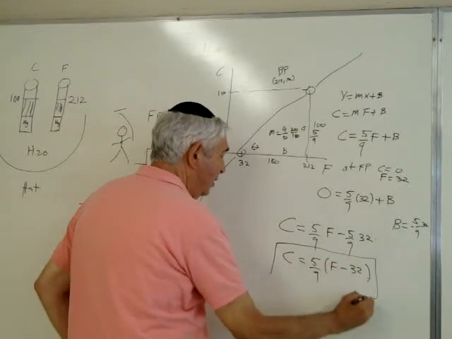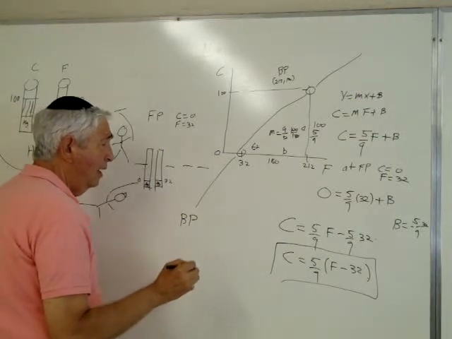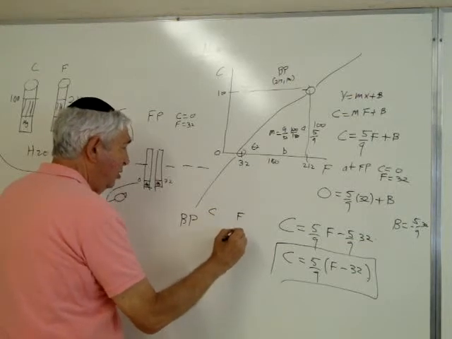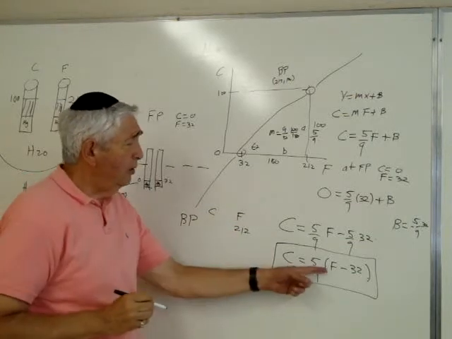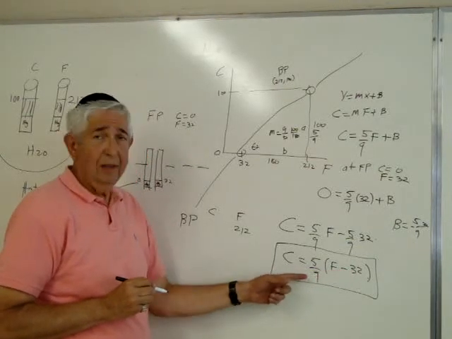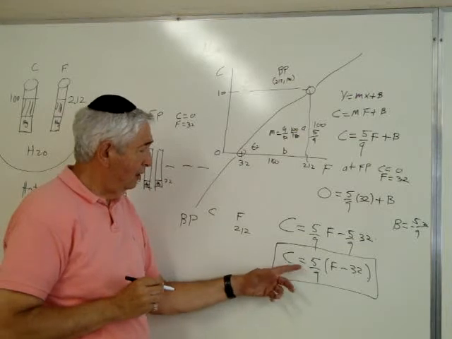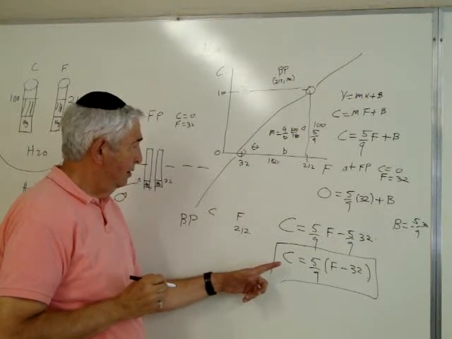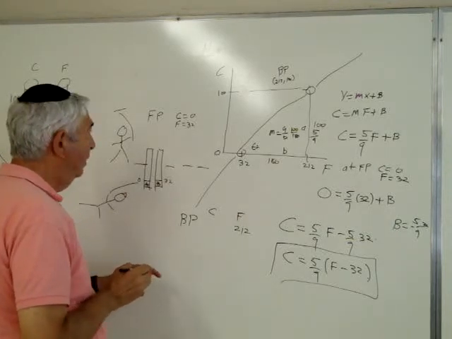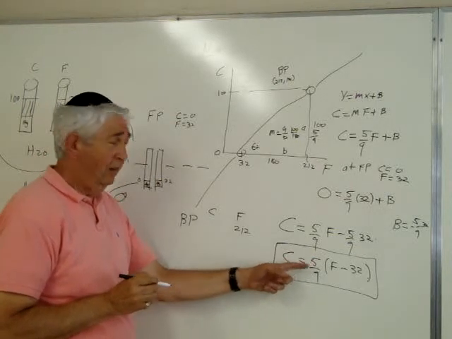Now, does it work? At the boiling point, this is C, this is F. F is 212. So you put 212 in here and you subtract 32, you get 180. 180 divided by 9 is equal to 20, and 20 times 5 is 100.